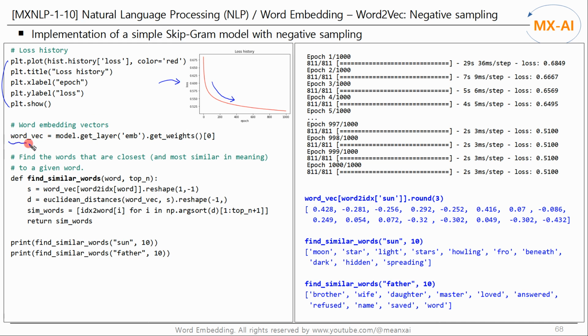Next, we get the word embedding vectors contained in the shared embedding layer after training the model. Using this, we can obtain the embedding vector for each word. For example, the embedding vector for the word sun is as follows. Finally, let's see a list of words that are most similar to a given word.